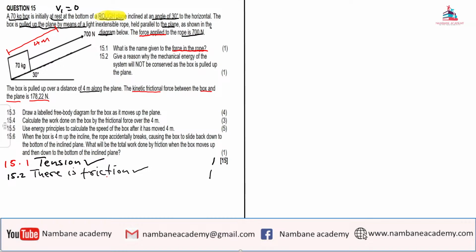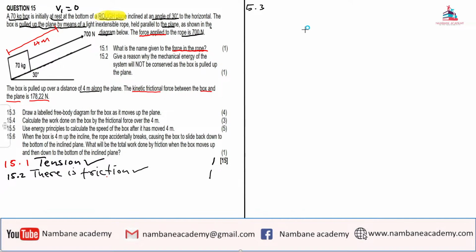Draw a free body diagram. Let's do that. That is now at 5.3. 5.3, let's draw a free body diagram.